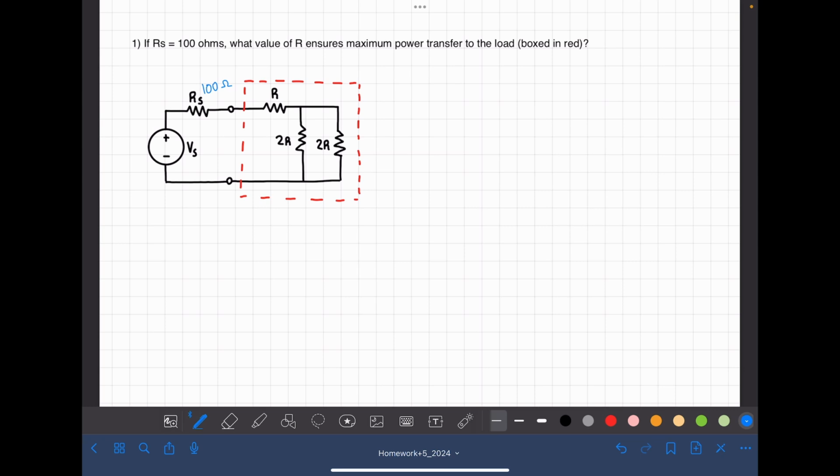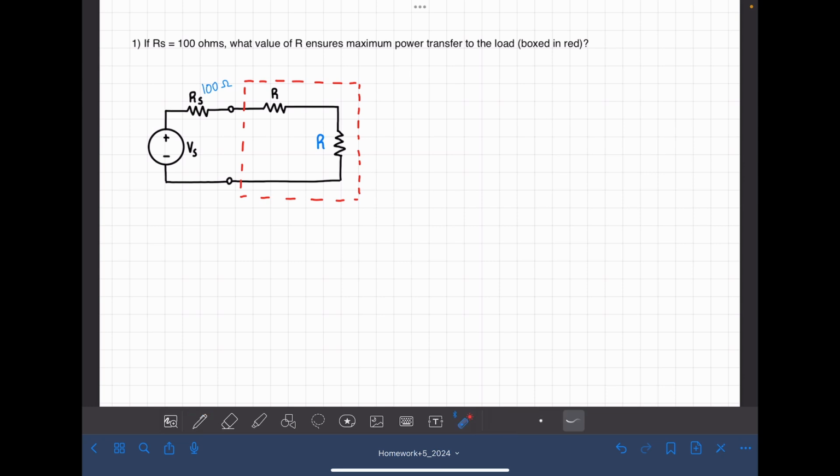That may sound weird at first, but if we look at this just right off the bat, we can tell that these two resistors are in parallel. So we can combine them to one resistor. And since they were both 2R, then this new one will just be R. The two resistors in parallel combined to one with half the resistance.